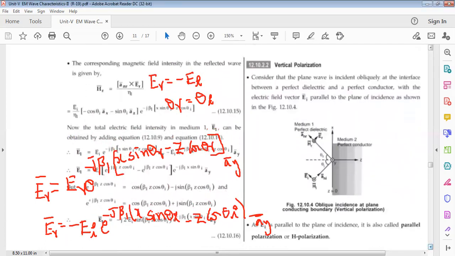Next, similarly, the HR bar is also converted. What is the HR bar?